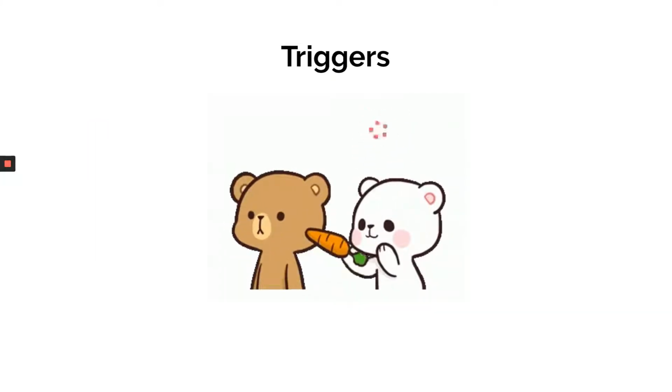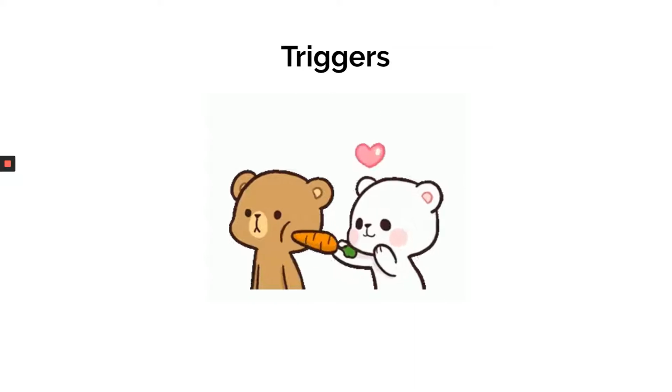So, triggers. A trigger is nothing but something that has to happen to your application. From our previous example, where I was connecting Gmail with my Trello, someone has to email me at my Gmail so that the Zapier automation actually starts.